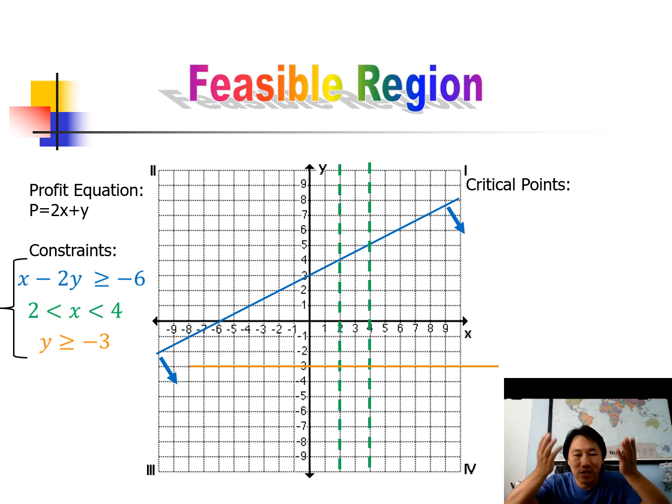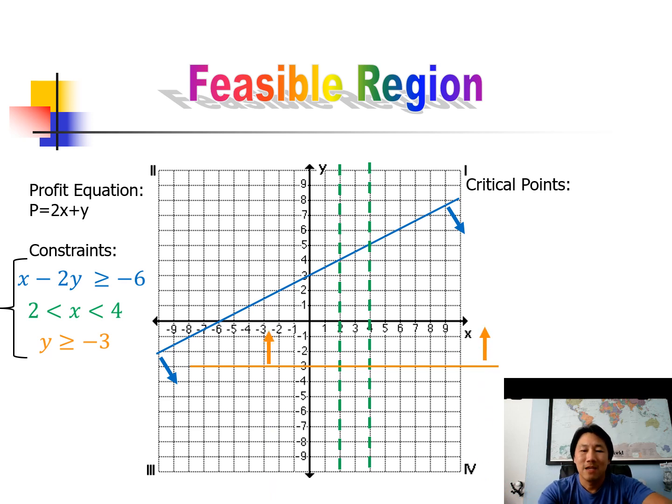Which way do we shade, up or down? A lot of you guys look and go, y is greater than, so if it's a greater than sign, shade up. That is true. But if you want to use a testing point like (0, 0), if you plug 0 into the y, you should get 0 is greater than or equal to -3, which is true. So that means shade up.